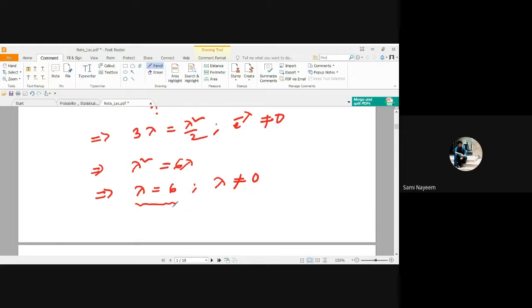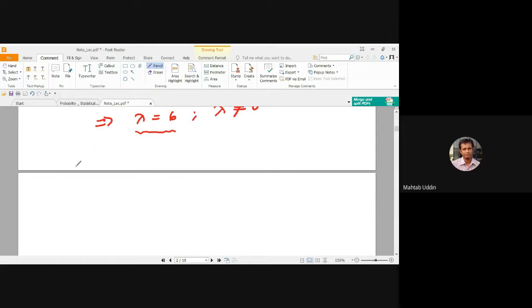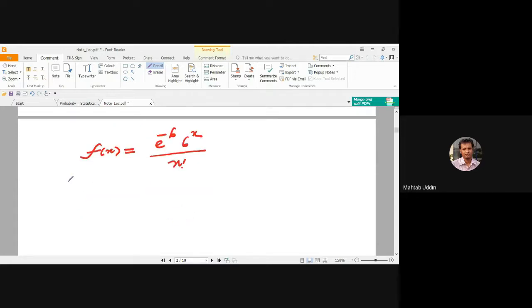Since lambda equals 6, f(x) is e to the power minus 6, 6 to the power x by x factorial. Then we have to find P of x equal to 4.